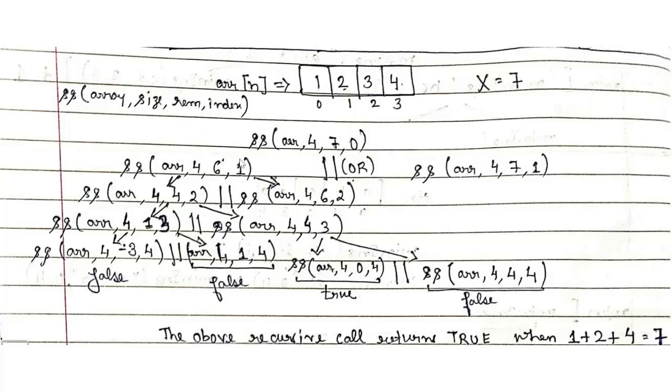We were initially asked this problem. Each and every subproblem states that, with the remaining elements, can I make the remaining sum or not? So what does this subproblem say? It says that currently I am sitting at index 1, so starting from this index till the end of the array, can I make a 6 or not?